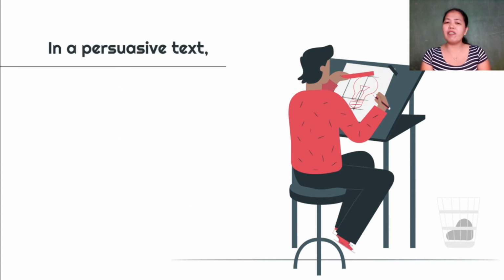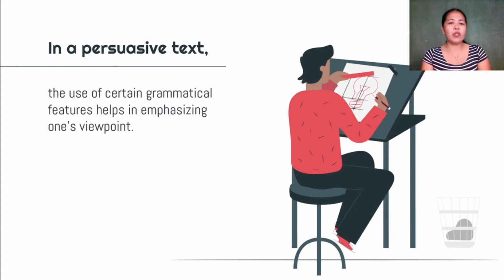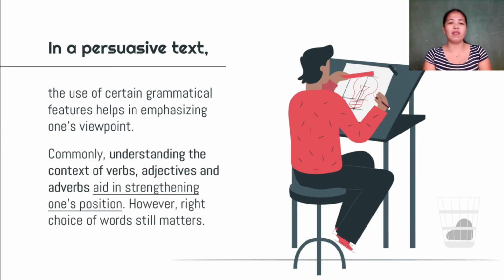In a persuasive text, the use of certain grammatical features helps in emphasizing one's viewpoint. Commonly, understanding the context of verbs, adjectives, and adverbs aids in strengthening one's position. However, the right choice of words still matters.